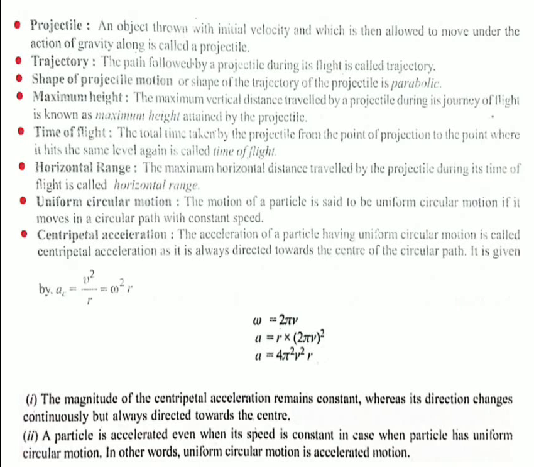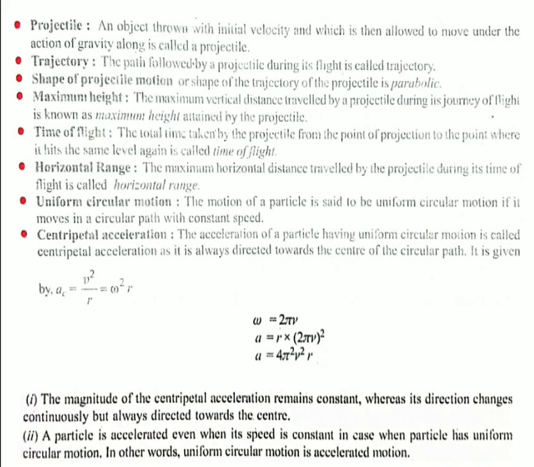The total time taken by the projectile from the point of projection to the point where it hits the same level again is called the time of flight. So time of flight Tf is equal to 2v naught sin theta upon g. Next, horizontal range. The maximum horizontal distance travelled by the projectile during its time of flight is called the horizontal range. That is R is equal to v naught square sin 2 theta upon g.